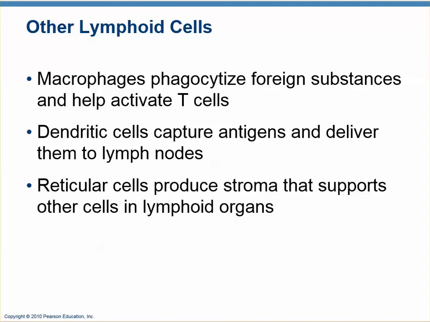We're also going to see that there are macrophages, which are a type of white blood cell. The dendritic cells and reticular cells are all part of the lymphoid, but they're also part of the immune system, so we will deal with them with the immune system.